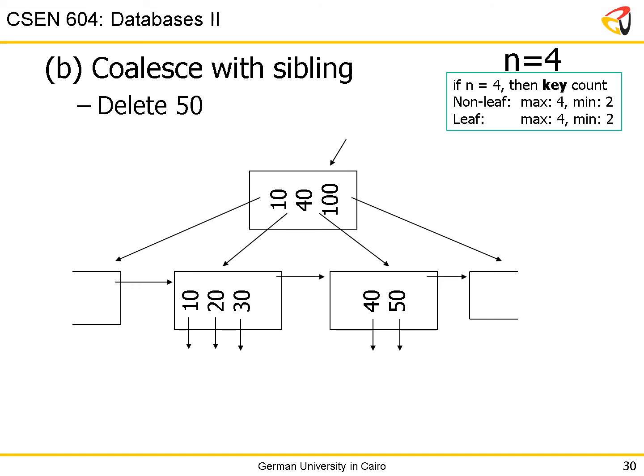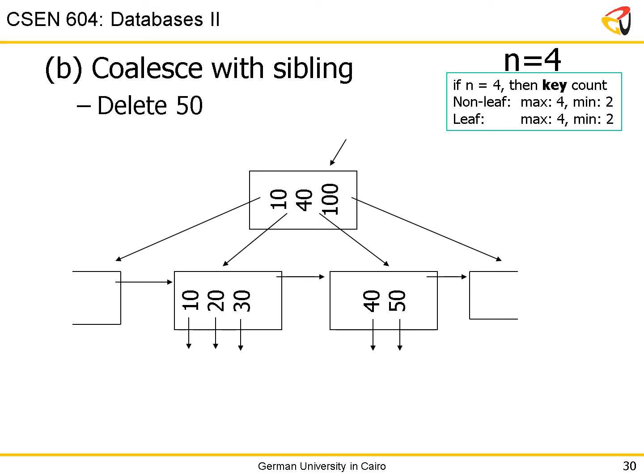Again, I'm not showing the whole tree, I'm just showing the part I'm going to work on. I would like to delete 50. I'm going to follow the same approach, which is to look for the value to be able to delete it. So if 50 exists, it's going to be between 40 and 100. I will follow the reference between them, coming to the node that has the 40 and the 50.